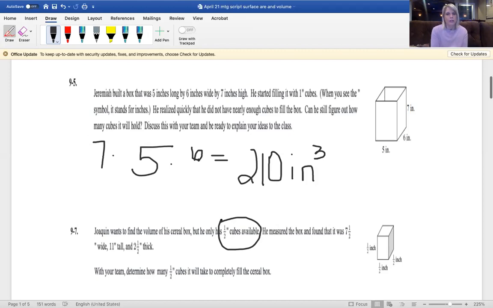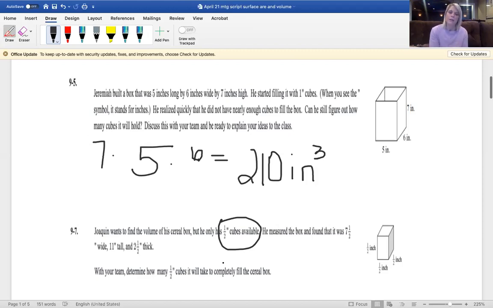I see division. It will still be multiplication. Now, Viv, you might be able to use division but it's going to be a lot more complicated. So I'm going to do this as easy as possible. So think about what they're telling you. You know that the box is 7.5 inches wide, 11 inches tall, and 2.5 inches thick. Now, if I had 1-inch cubes, I could just use those measurements and be done.